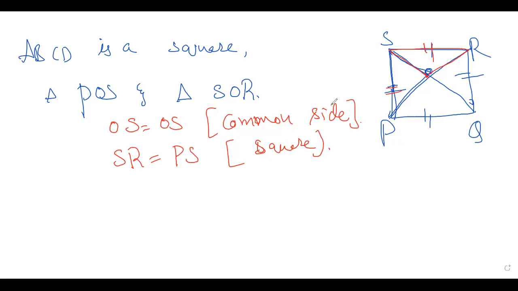Then OP is equal to OR. Can you write OP is equal to OR because the diagonals bisect each other? They bisect into two equal parts. So OP is equal to OR.